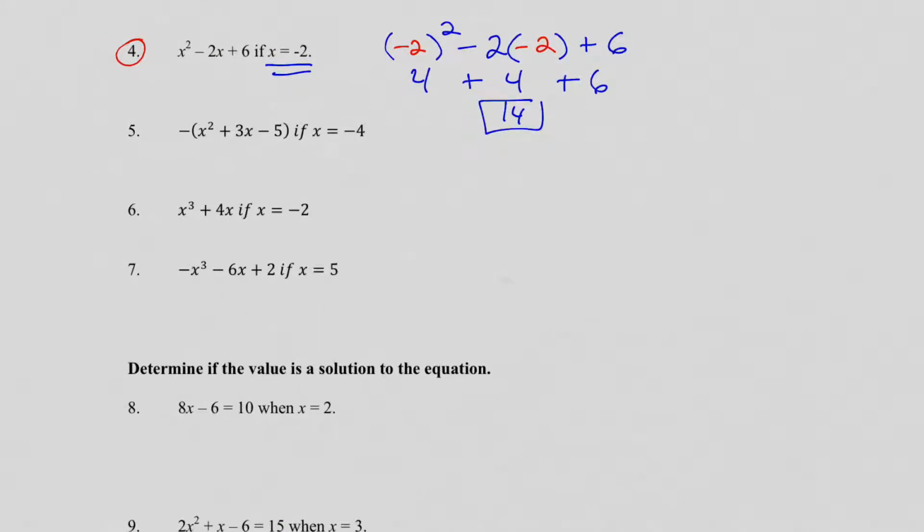Number 6, we have an x to the third power and our x to the first power. So we have our expression, and we're going to insert the negative 2 in here. You can use your calculator or just do this in your head. Negative 2 times negative 2 times negative 2 is negative 8, minus 8. And that's going to be same signs, guys.